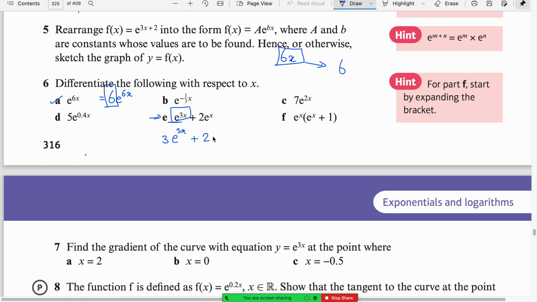Now the second part, I'm just copying it and multiplying it with the differentiation of power. Now this is a coincidence that the differentiation is 1. So this is my final answer. F part. This is e raised to power 2x plus e raised to power x. Now I'm going to differentiate it.